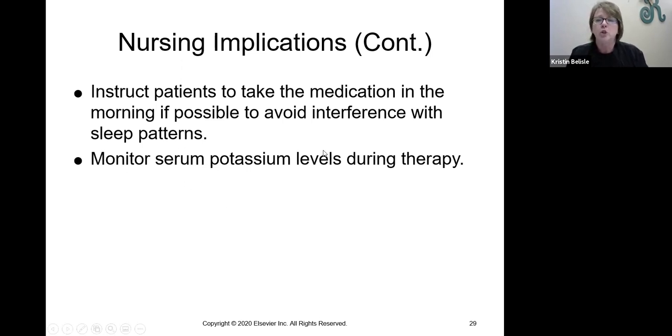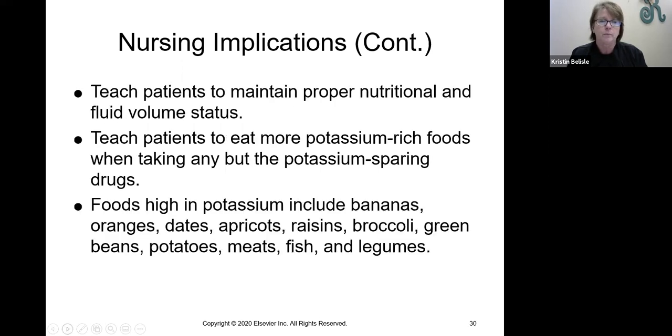Okay, monitor your serum potassium levels during therapy, always, always, always, even if it's high or low or normal, because you are wasting or holding on to potassium and can cause hypo- or hyperkalemia. Teach patients to maintain proper nutritional and fluid volume status. Always teach patients to eat more potassium-rich foods when taking any diuretic but potassium-sparing drugs.